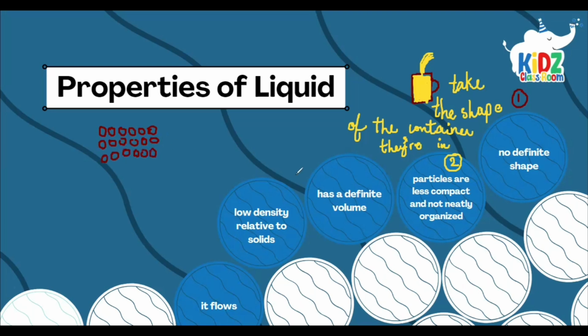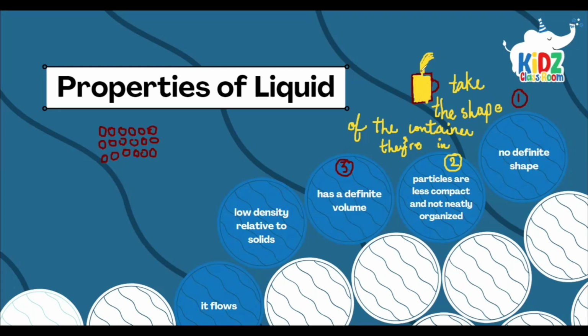Now this third one: liquids have a definite volume. What is meant by definite volume? Liquids have a specific amount of space they occupy, so the volume stays the same even if the shape changes.